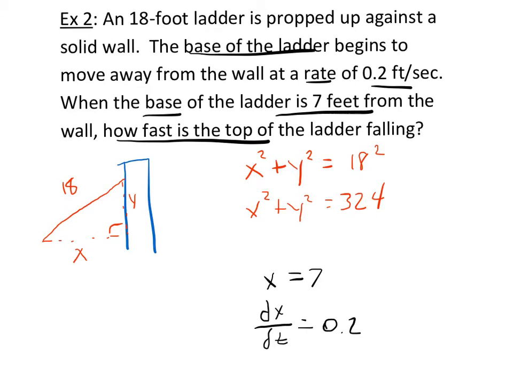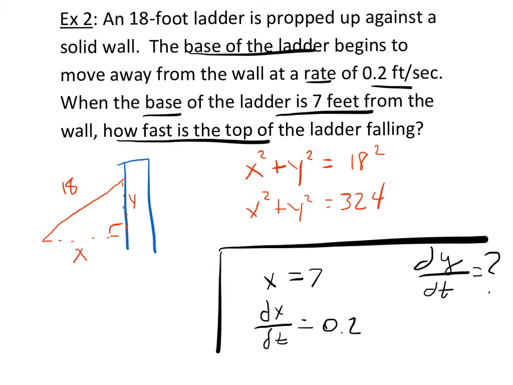How fast is the top of the ladder falling? I want to know dy/dt. That's what I'm looking for. I check one more time to make sure that I've got all the information in my inventory, and I do in fact have all the information that they gave me. So from this, I should be able to figure out what dy/dt is.